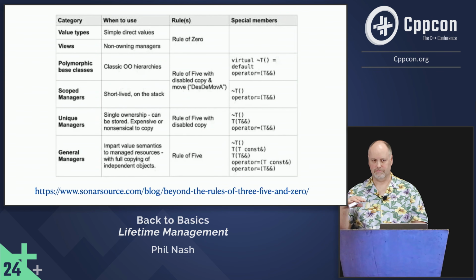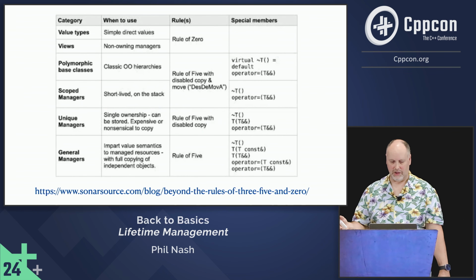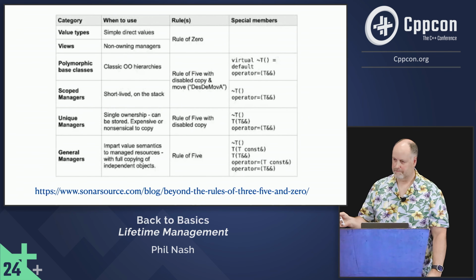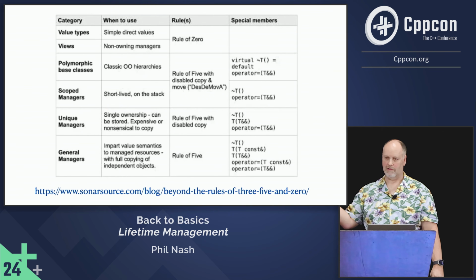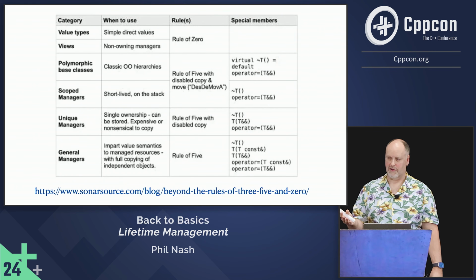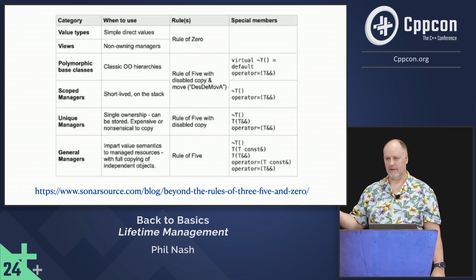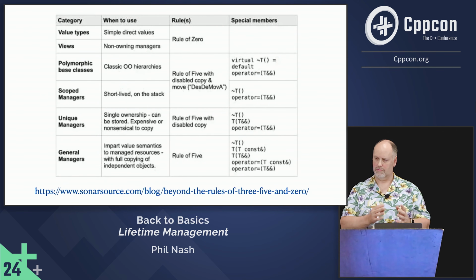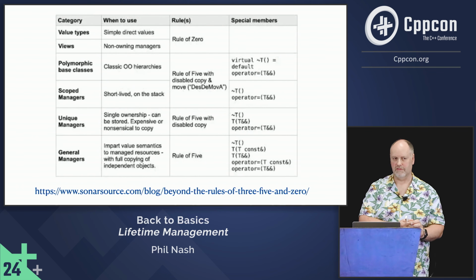And finally, more generally, a general manager that does have move and copy and follows the rule of 5. Value types are maybe examples of general managers, like std string, std vector. You can treat them as value types, but they implement that resource management for you.